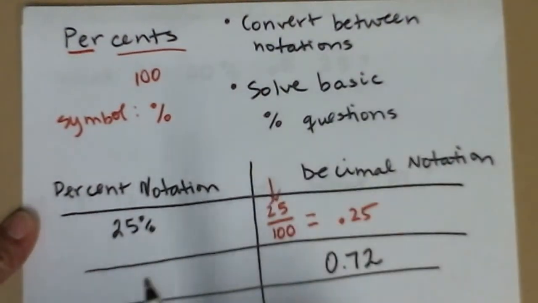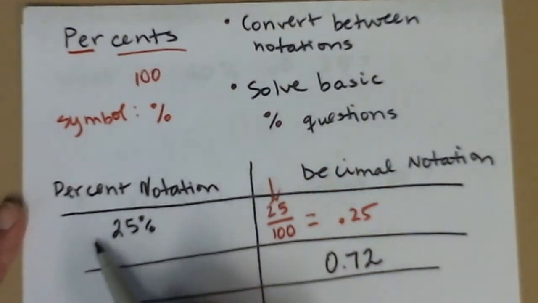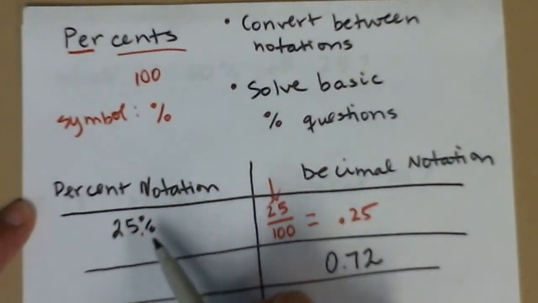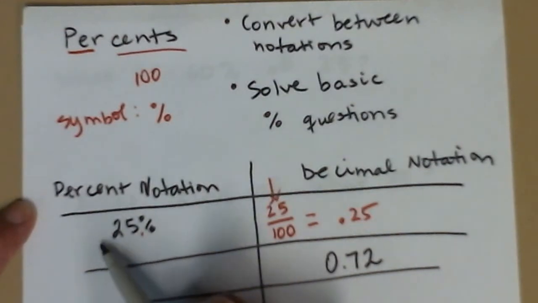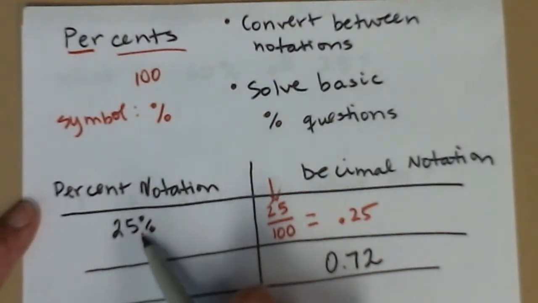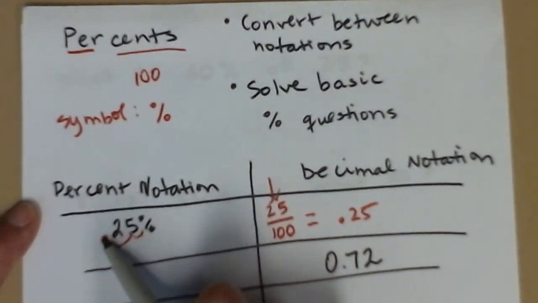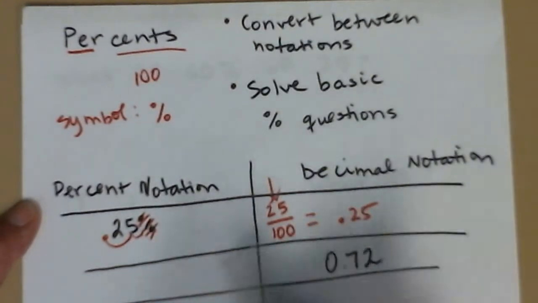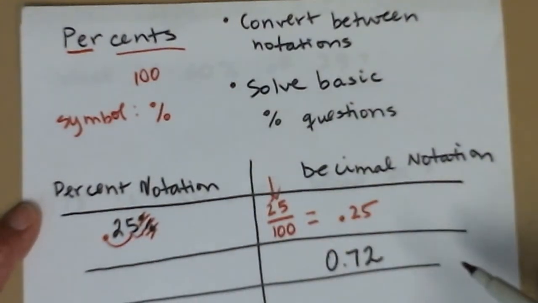Instead, we put our pen where the decimal is in the number, and when we don't see one, that means it's at the end. And then to make the percent symbol go away, I have to swoop 2 to the left. So dividing by 100 is 2 swoops to the left. From here, I swoop 1, 2, 0.25. I've done the percent symbol now, and it's just 0.25.